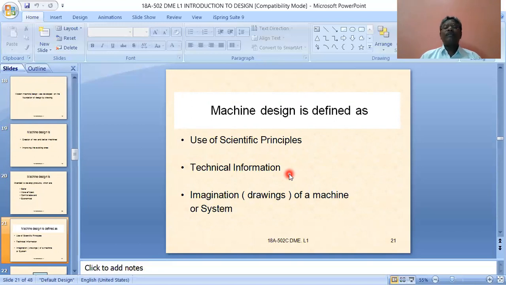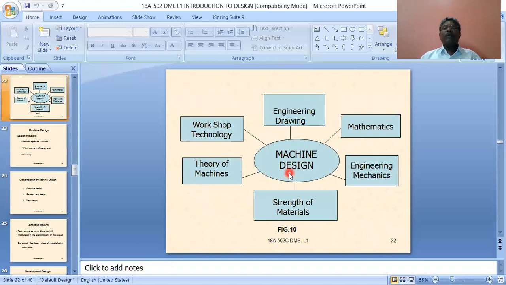That is the definition of machine design or mechanical engineering design. In machine design, we need the concepts of mathematics, engineering mechanics, that means physics principles, strength of materials, theory of machines, and workshop technology.